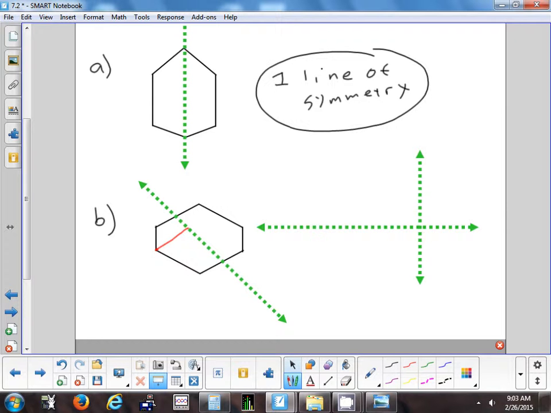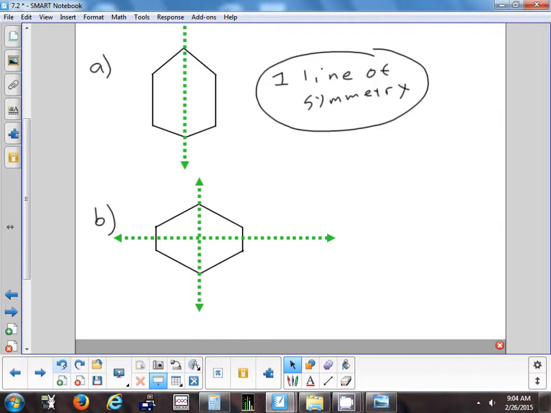Draw a line perpendicular. And then imagine taking this, cloning it. That's where this point would go if you reflected it over that line. Wouldn't land on the figure. So that's not a line of symmetry. Yeah, but that's still a good guess.